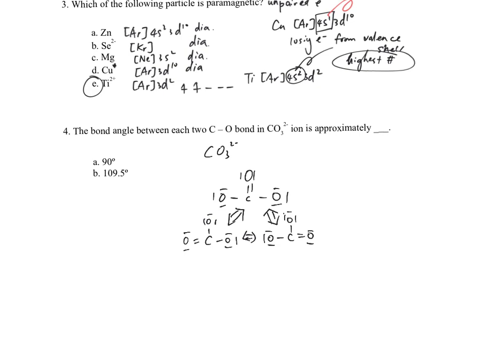Looking at any one of these, that means you have 3 electron clouds surrounding the central atom, and 3 electron clouds give you trigonal planar geometry, and because you have no lone pairs, it's trigonal planar shape as well. This is what trigonal planar looks like.